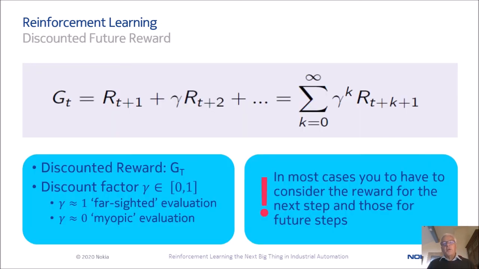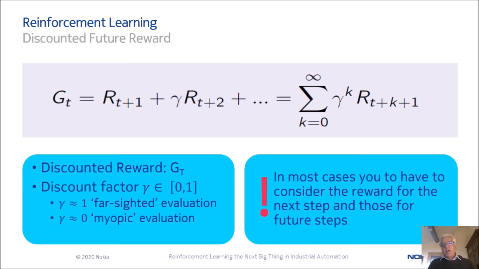Also, discounted future rewards is an important topic. So you certainly need to consider the reward you get for a certain state action pair. But you also need to consider what are future rewards I might get if I go into the next state. And so there are 2 ways. You can only consider the next reward you will get, so this is some kind of short-sighted evaluation, or you are taking all future rewards as well, maybe with a discount factor.